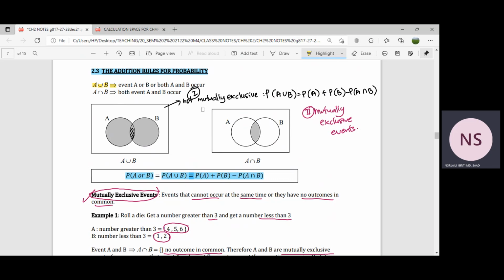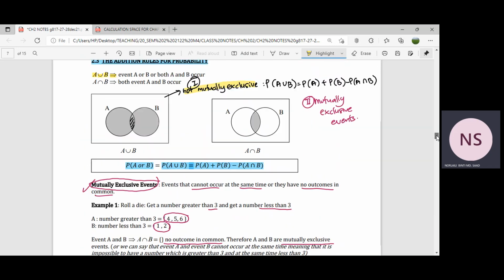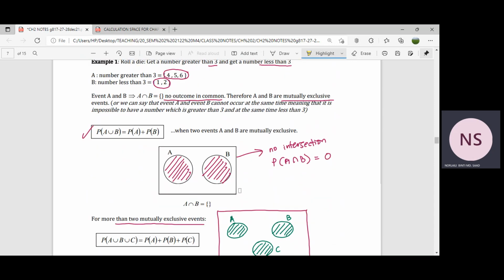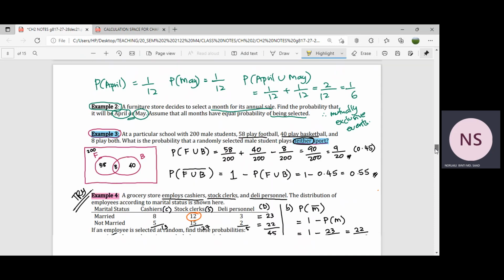For addition rules, we need to identify whether the two events are not mutually exclusive, meaning they have an intersection between event A and event B, or whether the two events are mutually exclusive. As you can see in this Venn diagram, A is totally separated from event B. Now we look at the homework.